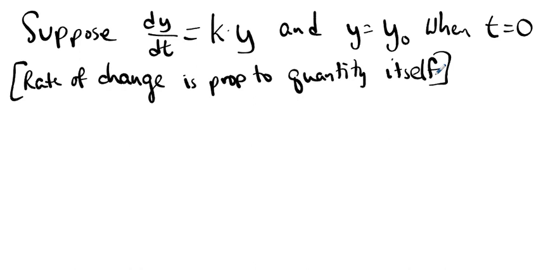So let's use everything that we learned from last time. Let us separate, integrate. If we separate, this has to come up, that has to go down. That's the mathematically legitimate way to do that. So we integrate. Antiderivative of 1 over y.